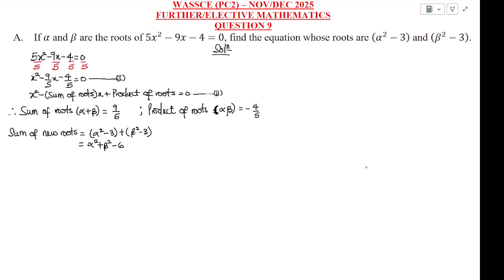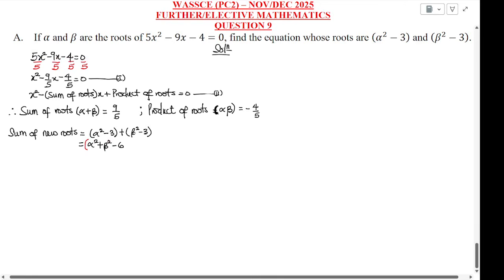And we know that alpha squared plus beta squared is an identity on its own when it comes to symmetric properties. So we write the expansion for alpha squared plus beta squared, and that is alpha plus beta all squared minus 2 alpha beta. Then we have our negative 6 here.